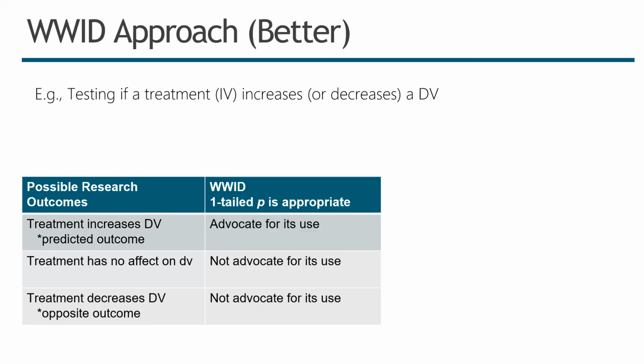A one-tailed p-value is only going to be appropriate if the null result and the opposite result would lead to the same behavior on the part of the researcher. In this case, if you found that the treatment had no effect, or the treatment actually decreased the dependent variable, if your behavior would be the same in both of those situations, then a one-tailed p-value would be appropriate. This is probably rarely the case if researchers are honest with themselves.